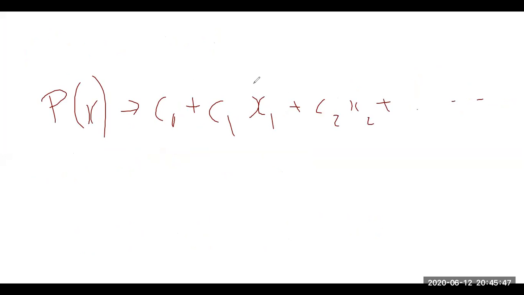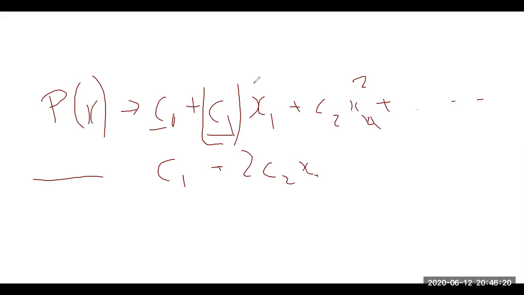If you take the first derivative of that expression, the first constant disappears and you get c1 plus 2c2x, and yeah.